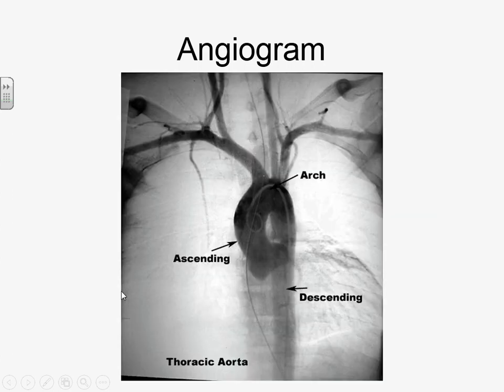That's probably, oh no, I've got one more just because I liked that one. That was just a really, really clear idea of an angiogram. But this was just showing the aorta, really. You can see the coronary vessels in the heart behind there, but other than that, it was showing other vessels.